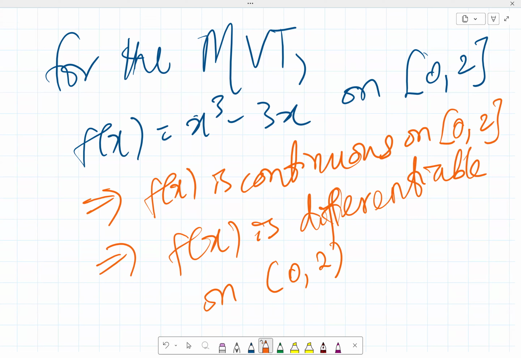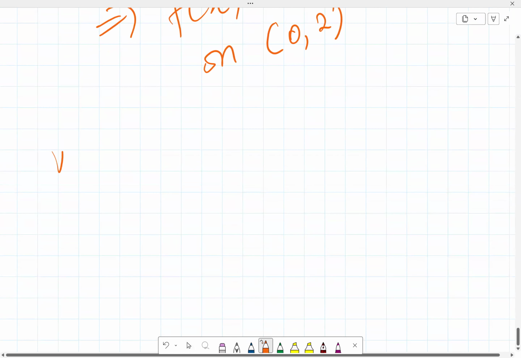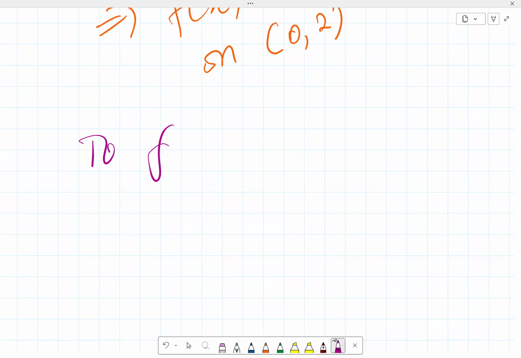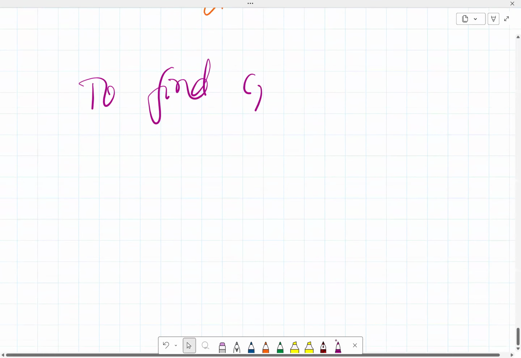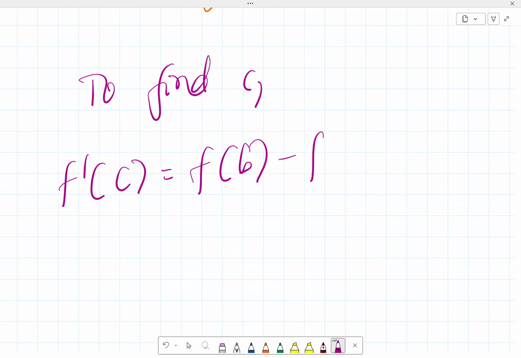So we don't need the fact that f of a equals f of b. But if we needed that, this is 0, 0, 2. We don't need that here. So we can then go to find C. To find C for the mean value theorem, we have f prime of C equals f of b minus f of a, all over b minus a.